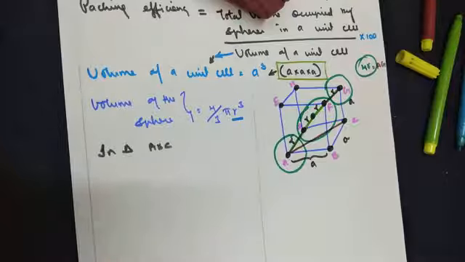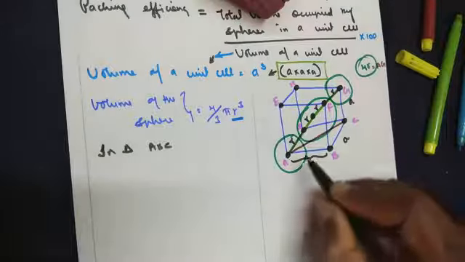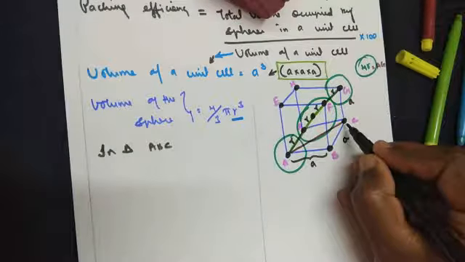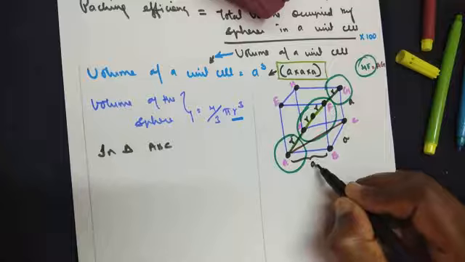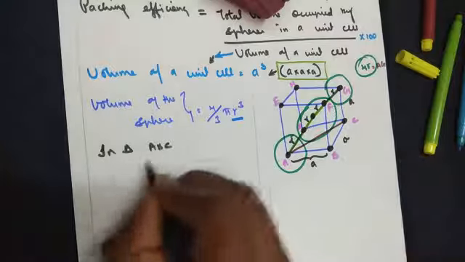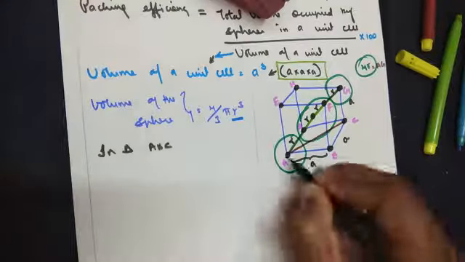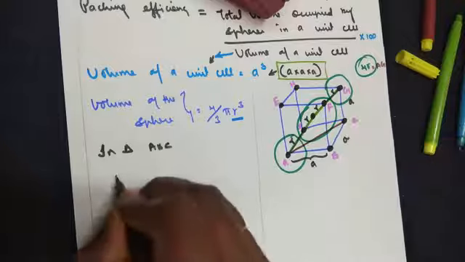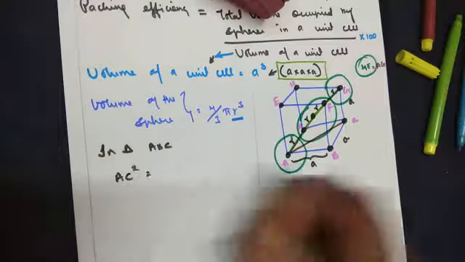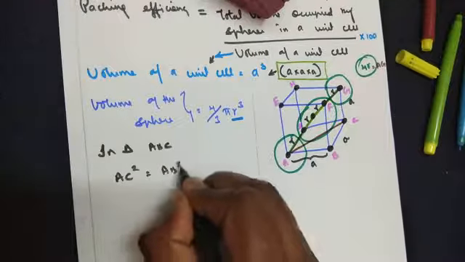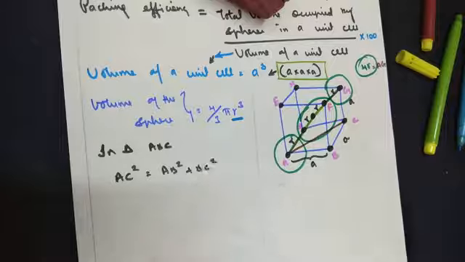In triangle ABC, what does the Pythagoras theorem say? The hypotenuse squared is equal to the sum of the squares of the opposite and the adjacent side. So in triangle ABC, the hypotenuse is AC. AC square is equal to AB square plus BC square.